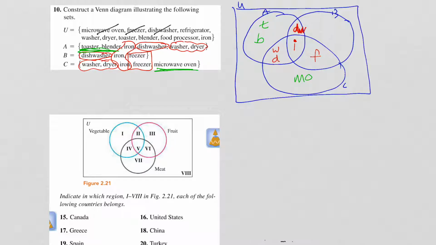Refrigerator is not in any of the circles or in the list, so let's put an R there. Washer, yes. Dryer, toaster, blender, food processor, no. So food processor is going to be in here, and iron is in the middle, so that one's gone. That's basically how you do a Venn diagram with three sets.